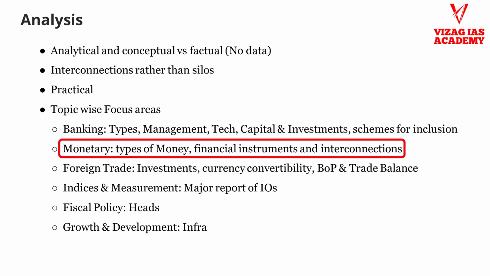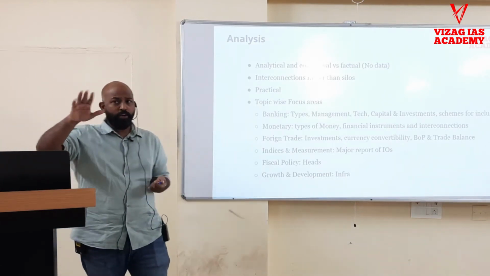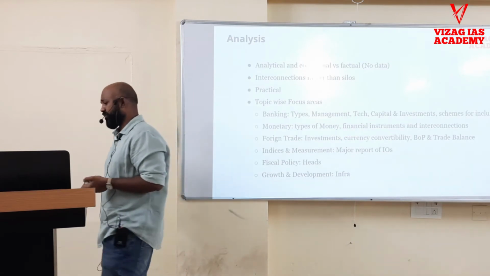So just knowing M0, M1, M2, M3, M4, you are likely to be able to answer one question. There are financial instruments in the hands of RBI to regulate the circulation of this money. What does RBI do? It regulates the circulation of this money in order to keep prices stable and inflation under check.